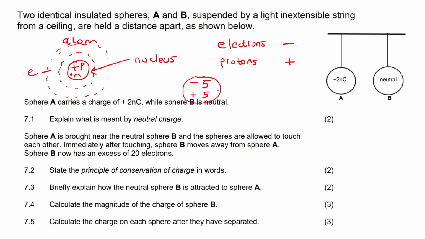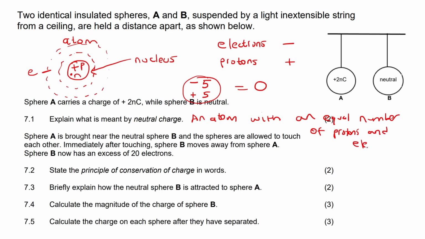If you look at the overall charge there, that would give you 0. So a neutral atom is an atom with an equal number of protons and electrons. It's got nothing to do with neutrons.